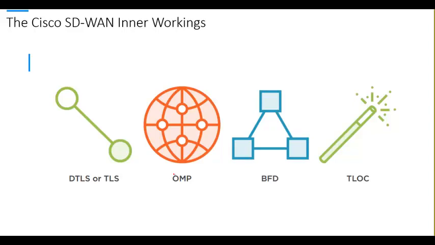When the vSmart controller, the vBond orchestrator, the vManage NMS, and the WAN edge devices all come together as a network, these tunnels are created between them. That is the time when the authentication process between these devices happens.